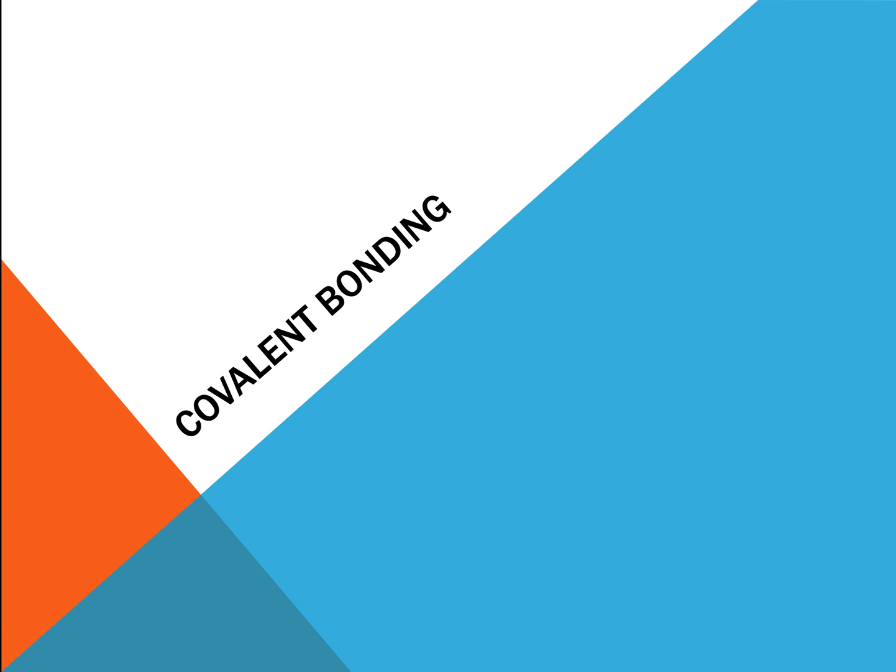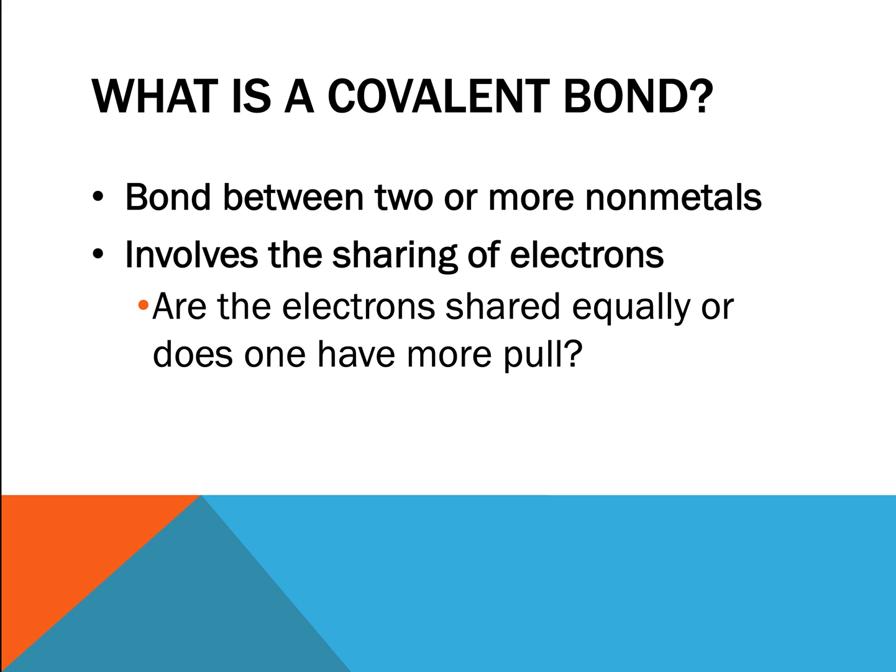So what exactly is a covalent bond or a covalent molecule? When we're looking at covalent bonding, that is a bond between two or more nonmetals, and it involves the sharing of electrons. The first thing we're going to look at is: are the electrons shared equally, or does one have more pull?